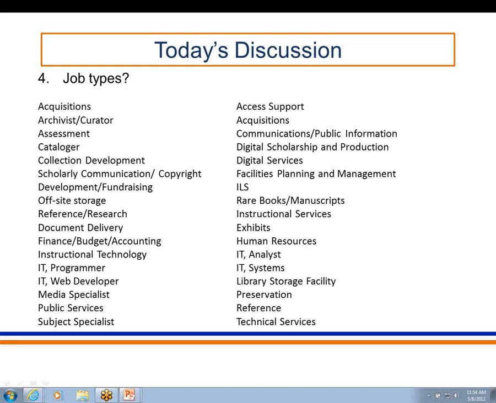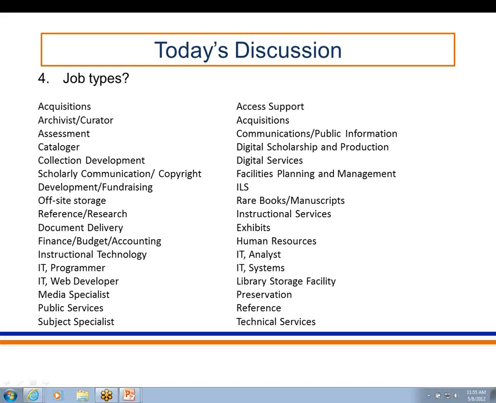If you're willing to contribute some descriptors, either for professional or for staff positions, there's nothing on here about stack maintenance, and we still have folks whose primary responsibilities are stack maintenance. So I think that there's room for improvement on this, and the idea that people would be able to select multiple ones of these is certainly a viable option too.